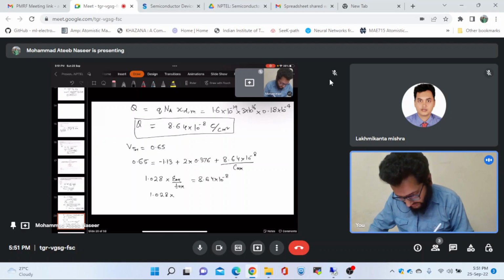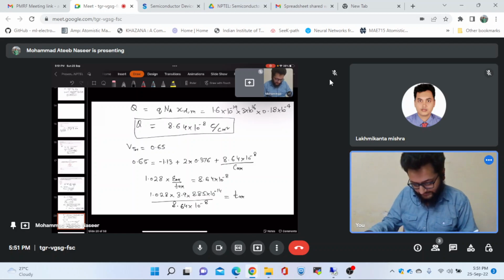Epsilon ox will be equal to 3.9, the relative epsilon r, times 8.85 into 10 raised to the power minus 14. This should be divided by 8.64 into 10 raised to the power minus 8 to get the thickness of this oxide.